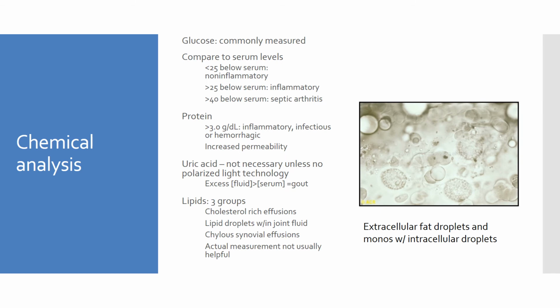But if that's what you want to rule out, definitely a lipid level could help. As a general rule, these would only be ordered in those rare cases where you're really thinking that there's some kind of arthritis that you haven't been able to diagnose in any other way. And the picture that's given there is just showing you some fat droplets that have been found in synovial fluid.